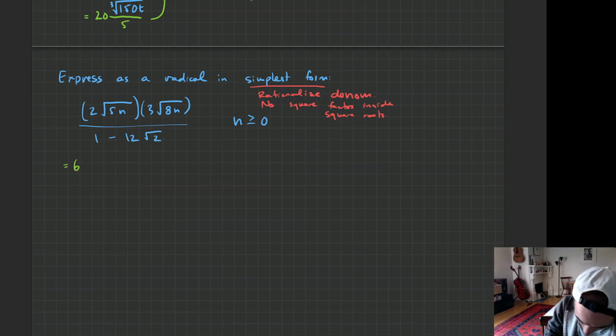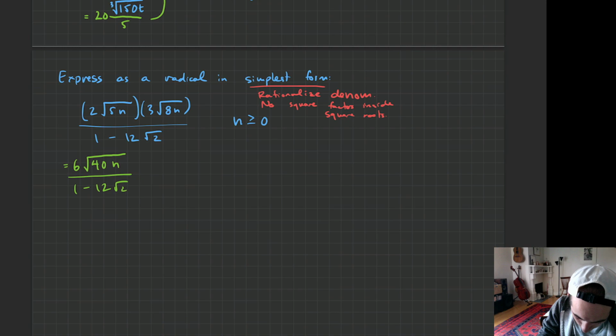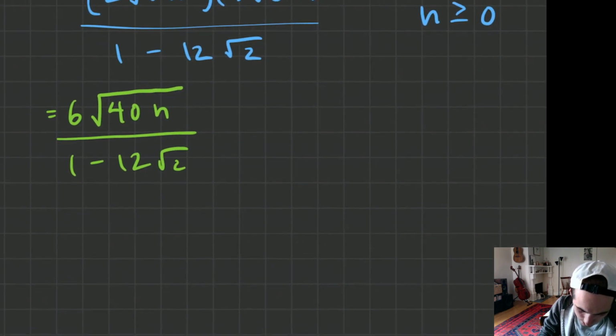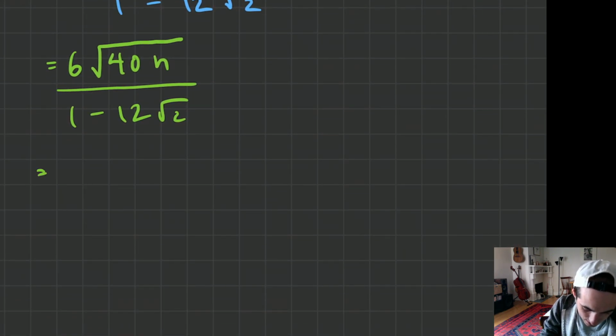So I've got 6 times the square root of 5n times 8n, which is 40n squared. I'm going to leave the rationalizing of the denominator till later. So I've got 12 root 2. Great. And I think I can factor out a perfect square. I can factor out a 4 from 40, and this should be 40n squared.